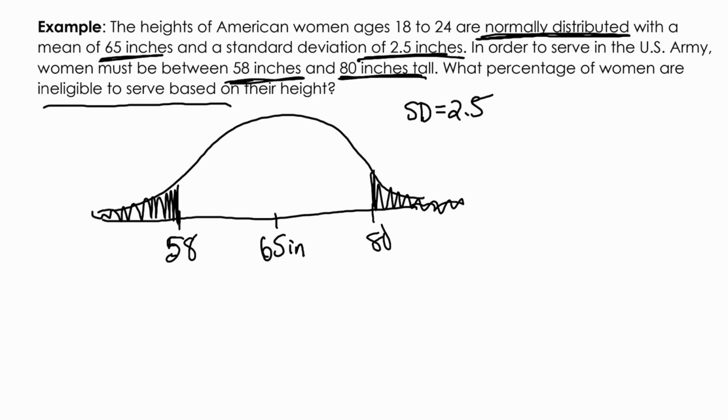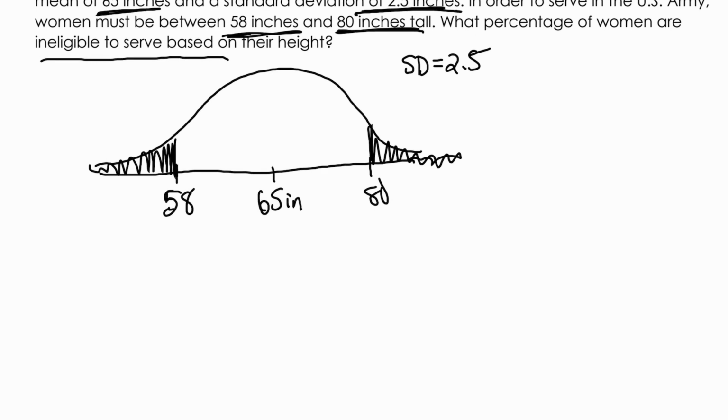If you're in that shaded area, those extreme values, you're going to be ineligible to serve based on the height. So we need to figure out what percentage those shaded areas represent. What we can do is figure out their z-scores, so we can figure out how many standard deviations away from the mean they are, and then we can look it up on the chart.